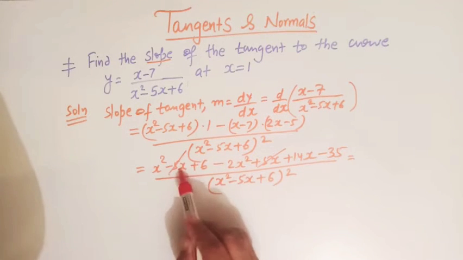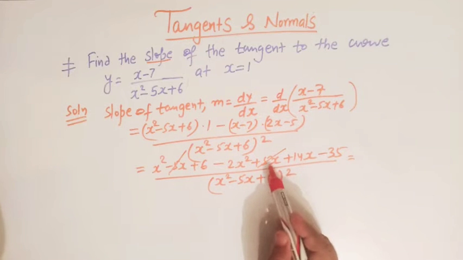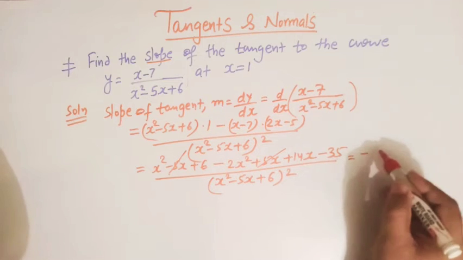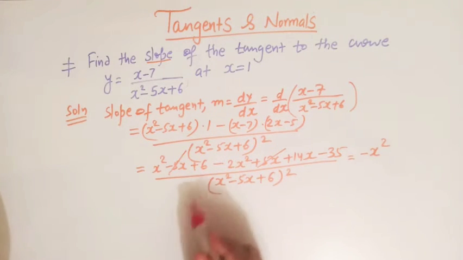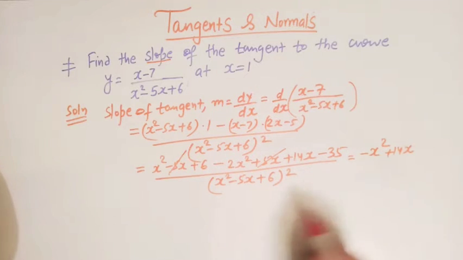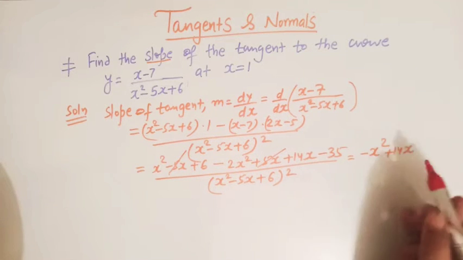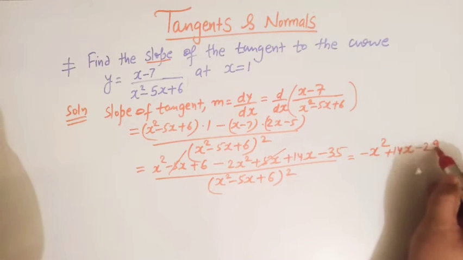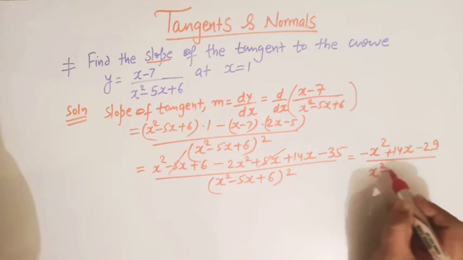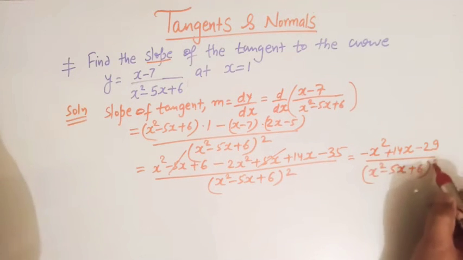Now minus 5x and 5x get cancelled, and x square minus 2x square is minus x square, and here we have plus 14x, and 6 minus 35 is minus 29. So this is divided by (x square minus 5x plus 6) whole square.